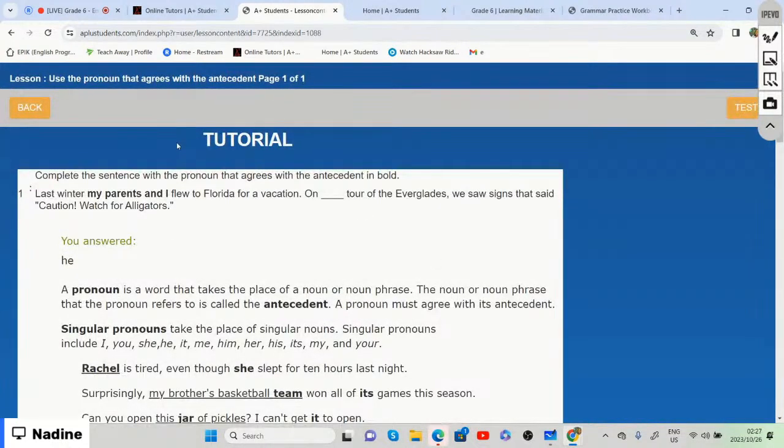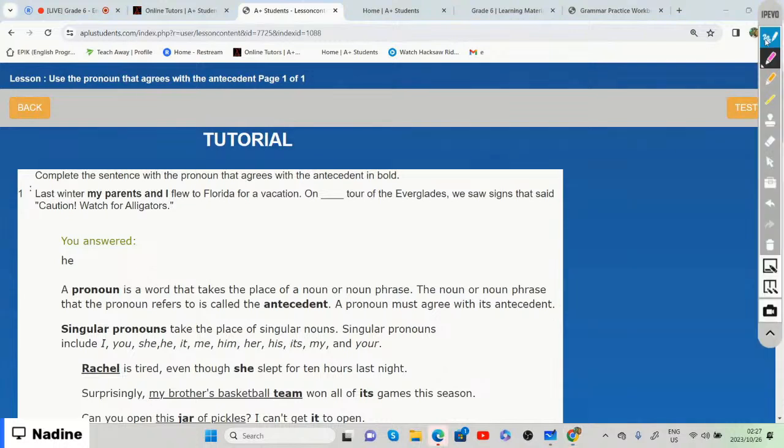All right, so now we're going to complete the sentence with the pronoun that agrees with the antecedent in bold. Last winter, my parents and I flew to Florida for a vacation. On tour of the Everglades, we saw signs that says, caution, watch for alligators.